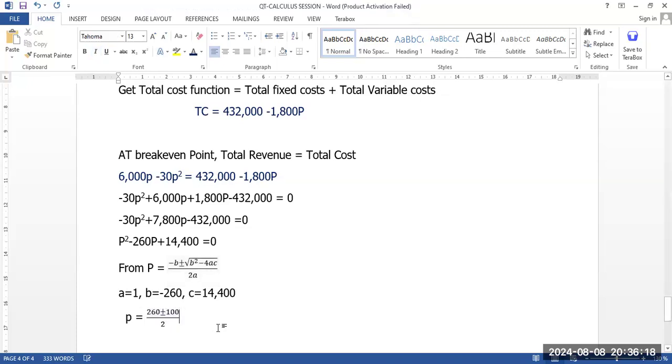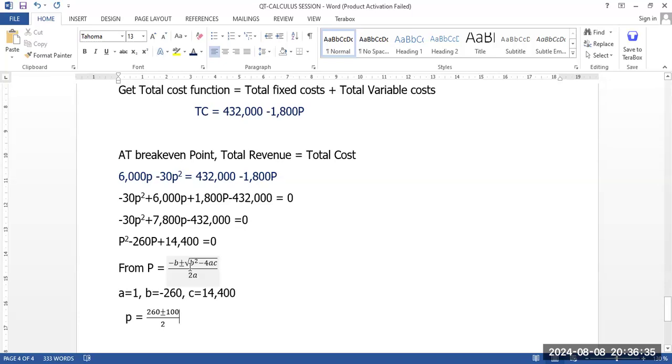Do you have 100? Where there is B, we are putting negative 260.